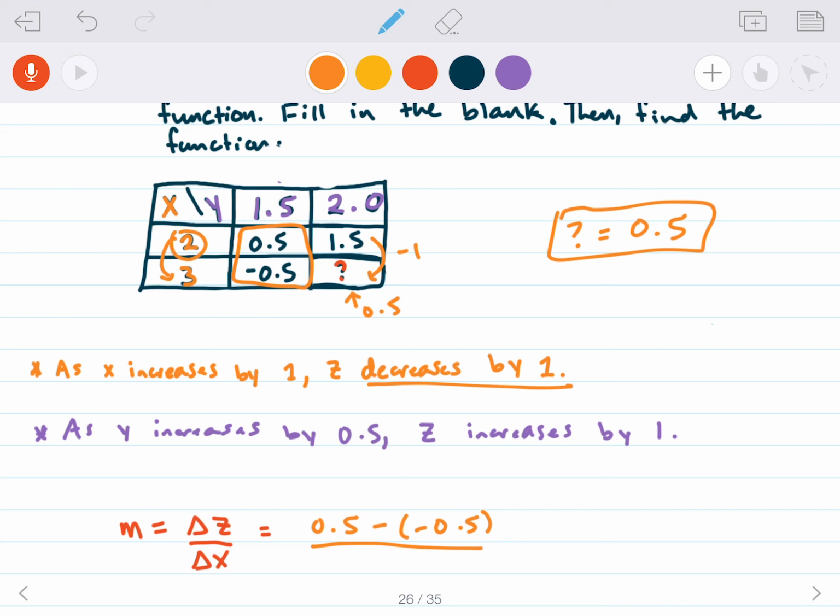And the x that corresponds to the 0.5 was 2. Subtract the x that corresponds to the negative 0.5, which is 3. So we can simplify this out, and we get 1 over negative 1, which equals negative 1. So that is the slope in the x direction, is negative 1.